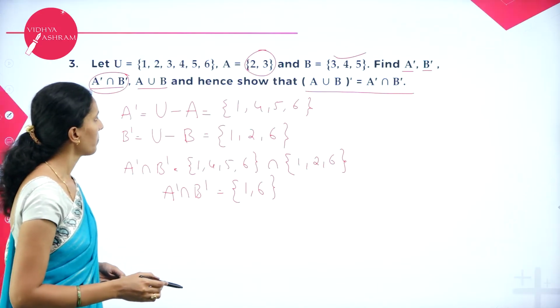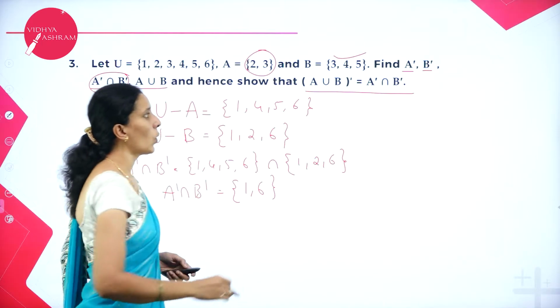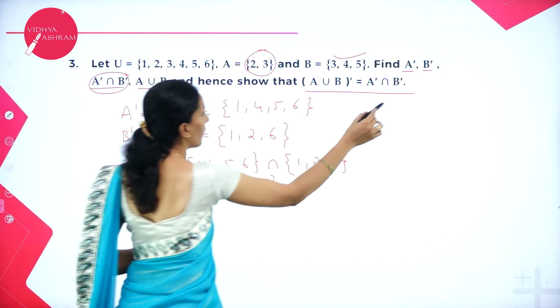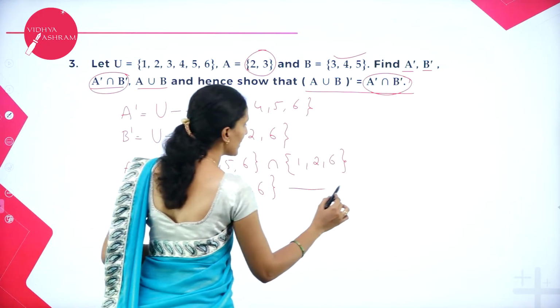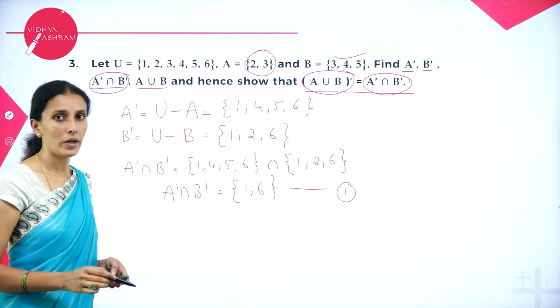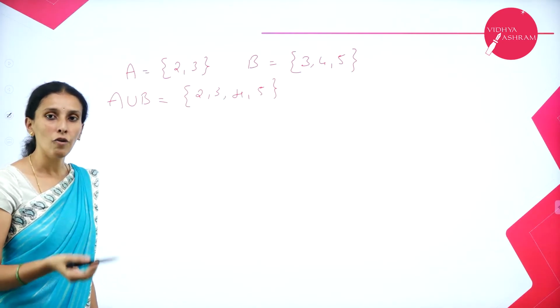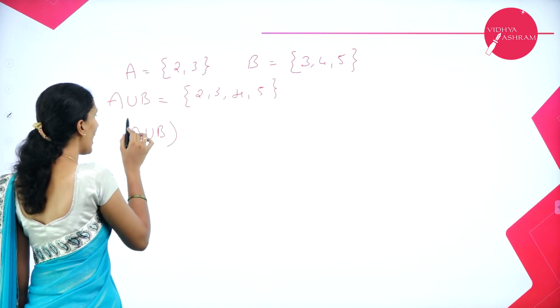Next, we have to show that (A union B) whole dash is equal to A dash intersection B dash. So this we have already found here. We have A dash intersection B dash. Let me take this as equation 1. Now I am going to find (A union B) whole dash. So here I have A union B, and I want to find its complement, that is (A union B) whole dash.